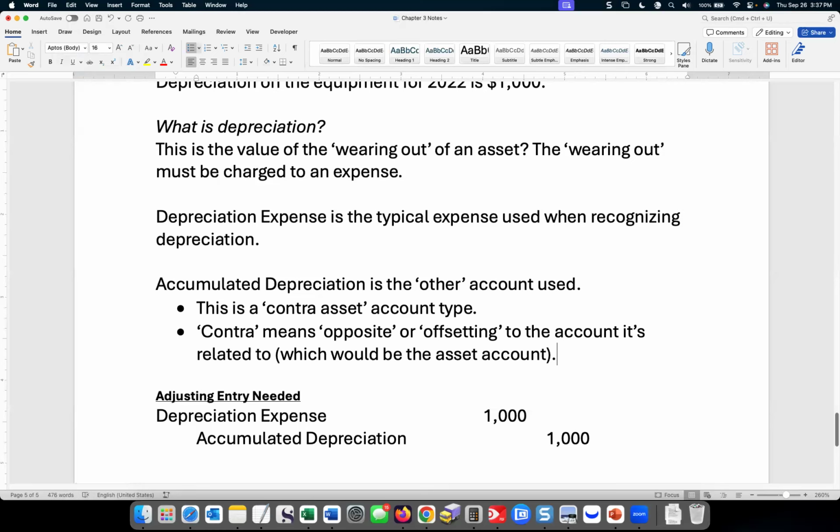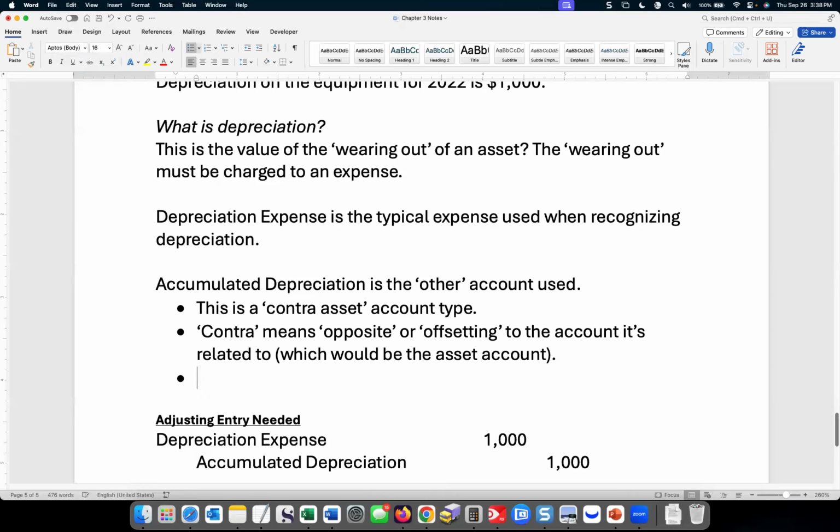So if I have equipment and it depreciates, the accumulated depreciation account is a contra asset to that equipment account. Equipment is an asset with a normal debit balance, which means accumulated depreciation would have to have a normal credit balance.